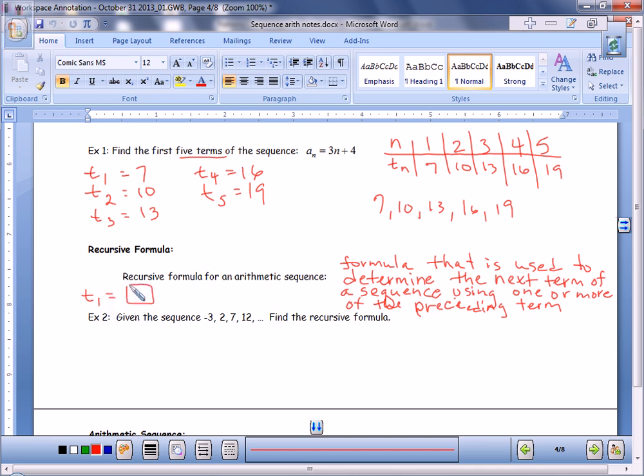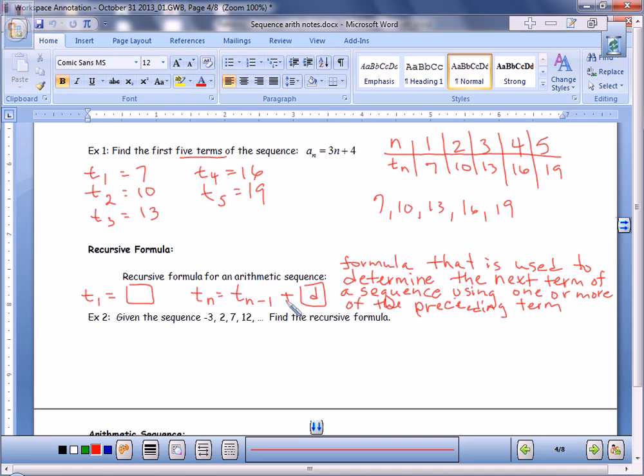And then the second part is to find any term in the sequence. You take the 1 before it, well, n minus 1 represents the 1 before it, and add the common difference. So we have to fill in both boxes. First we state the first term, and then to get to any other term, you take the 1 before it and add the common difference.